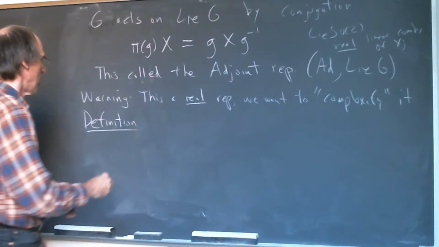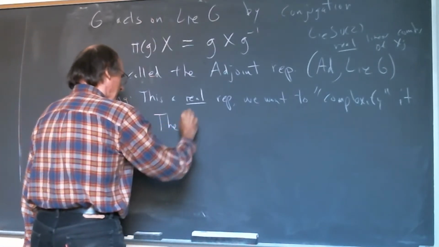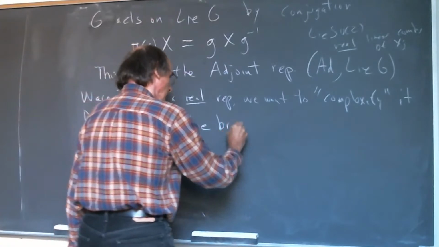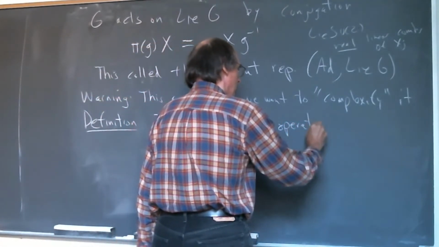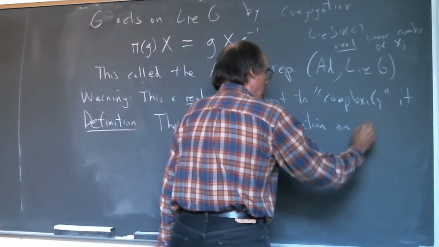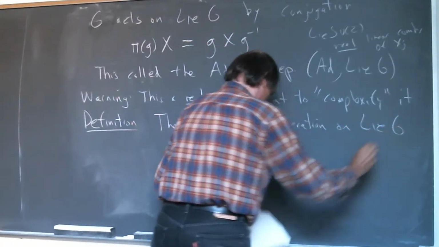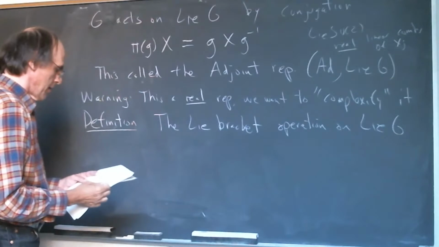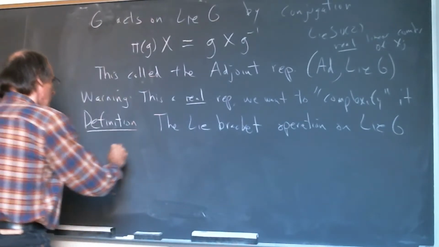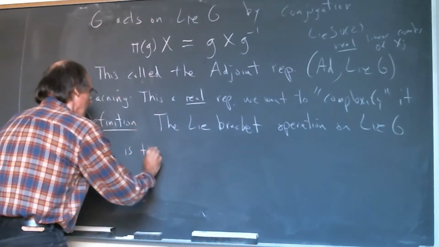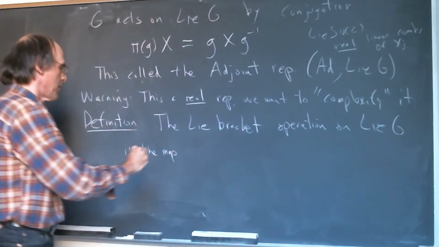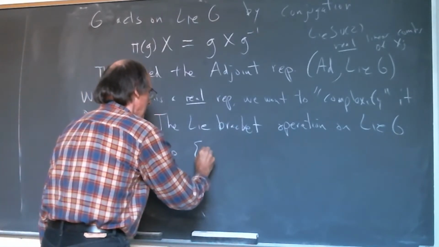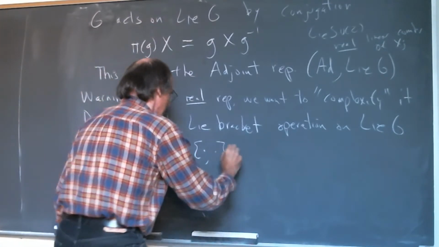The Lie bracket operation on Lie G is the map, well, it's a bilinear map, the thing that you feed two vectors.